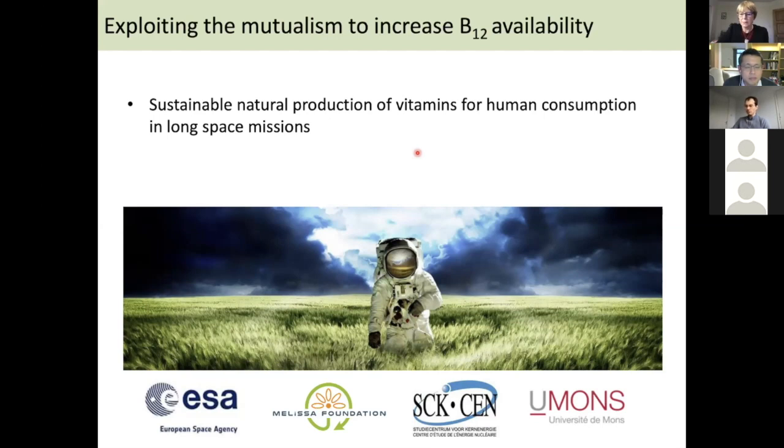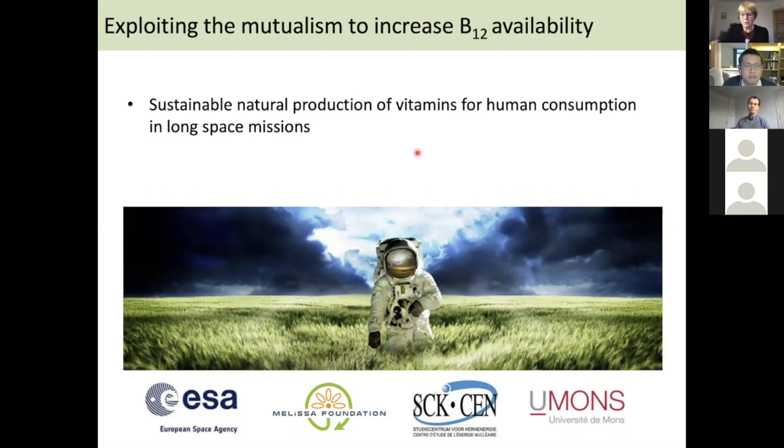So the Melissa project is actually trying to work out how to have a completely closed circle of microbes to provide all of the nutrients and deal with all the waste streams for astronauts on these missions. And there are a number of algae and bacteria which we have started to use in different combinations.